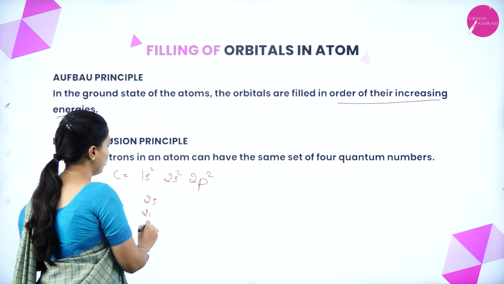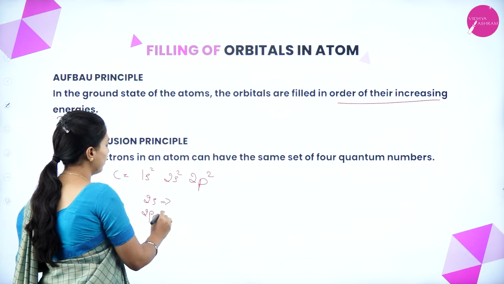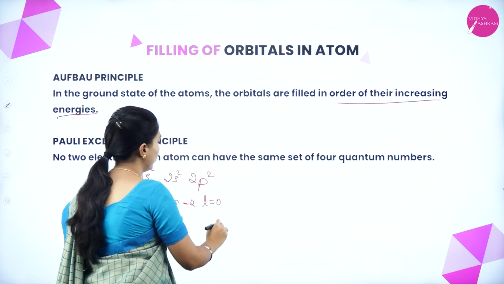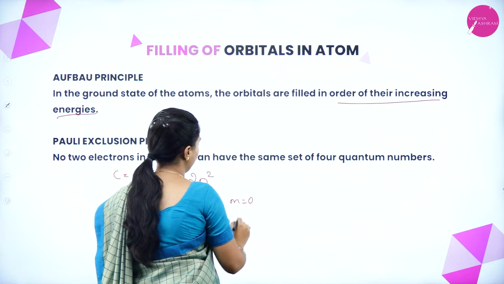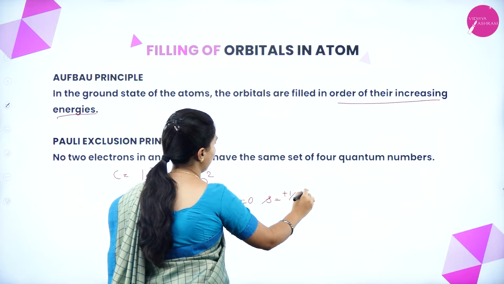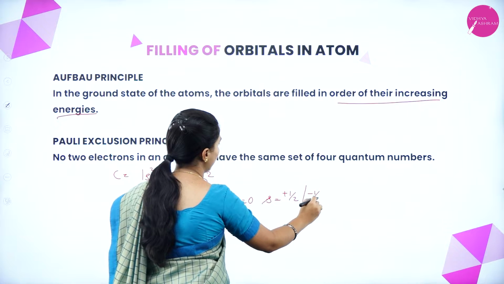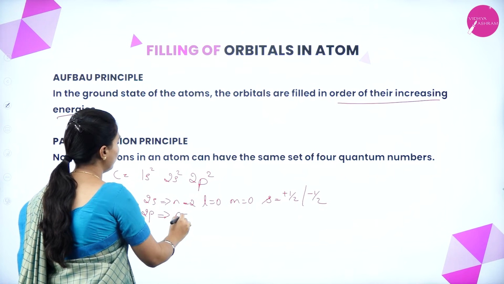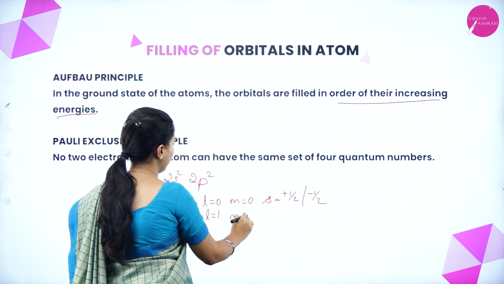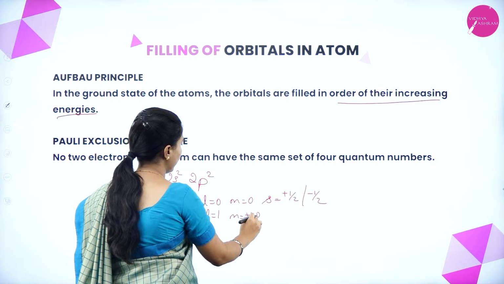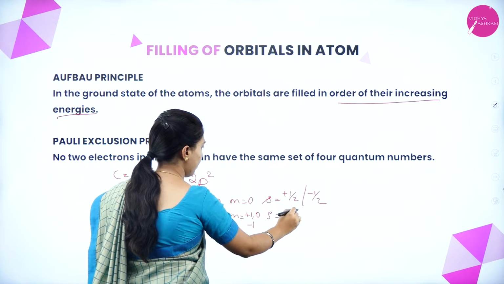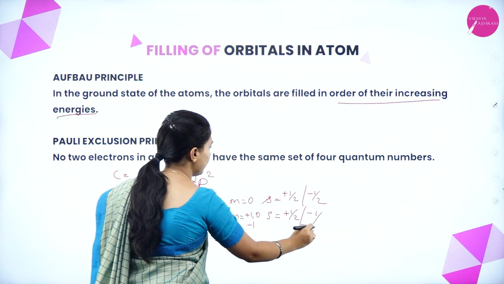For 2s, n is 2, L is 0, M is 0, S is plus half or minus half. For 2p, n equals 2, L equals 1, M equals plus 1, 0, minus 1, and S is again plus half or minus half.